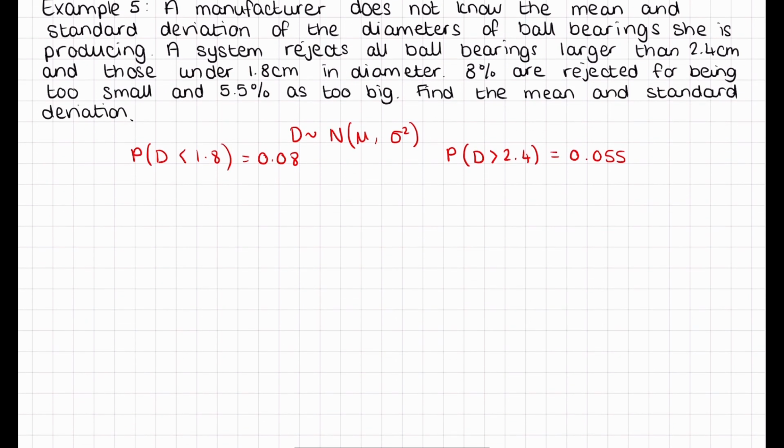This is once again where we need to standardize. So for this one here, it will be Z1 equals 1.8 minus the mean over the standard deviation. And then this side, Z2, would be 2.4 minus the mean over the standard deviation.